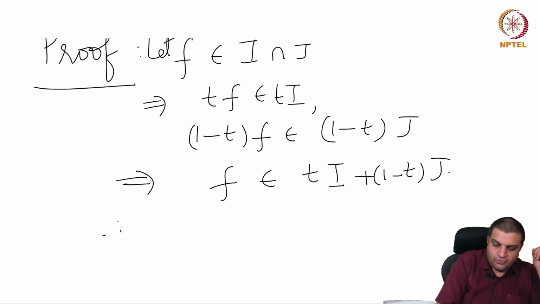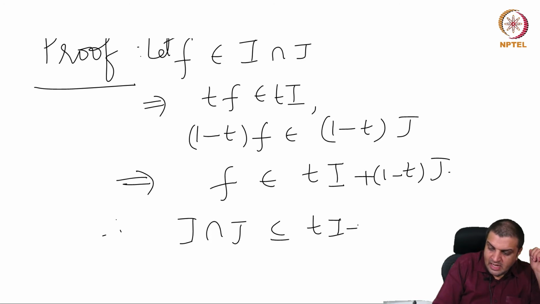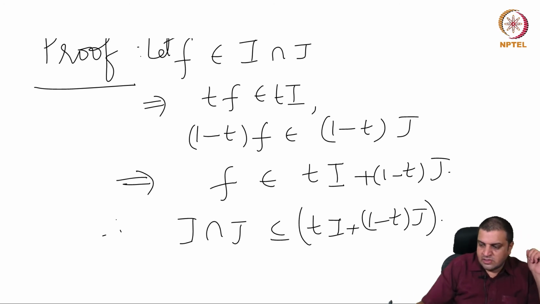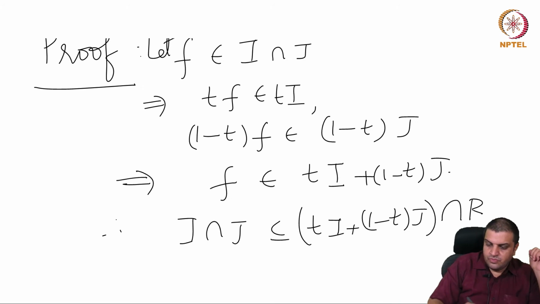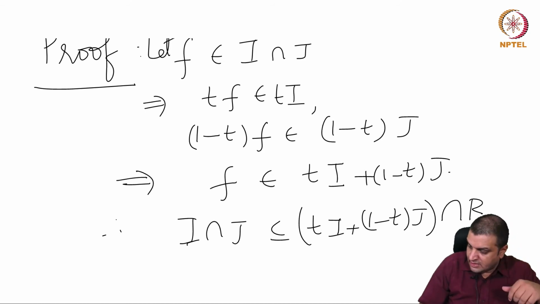Therefore, I intersect J is inside TI plus (1 minus T)J, and it is inside R. F is an element of R, so we get this. So now the other direction.